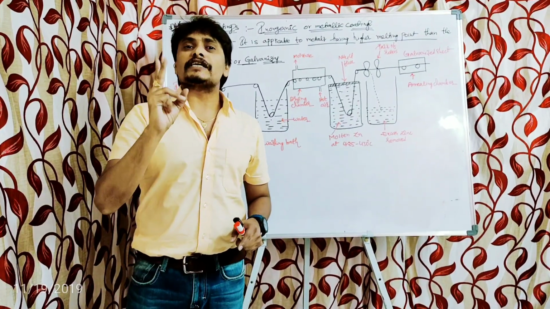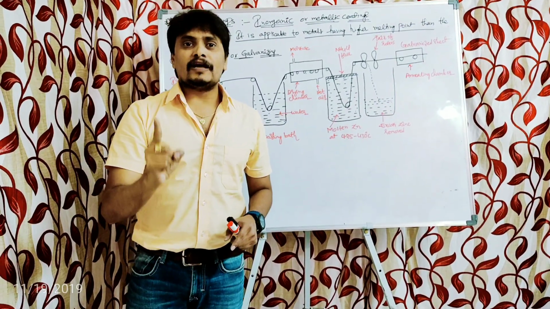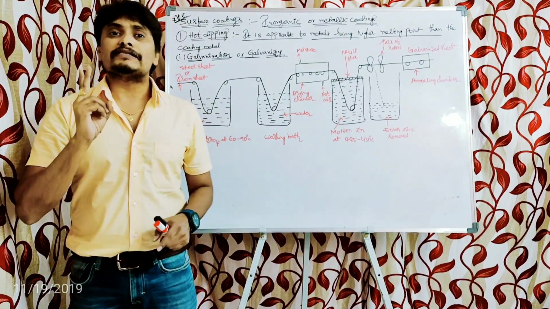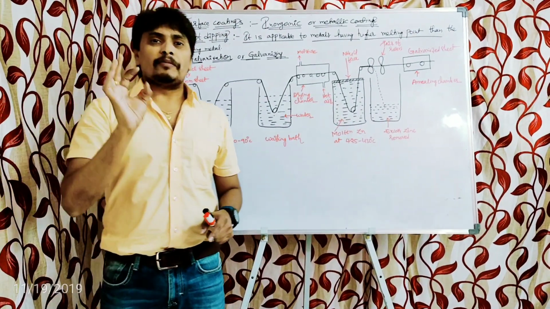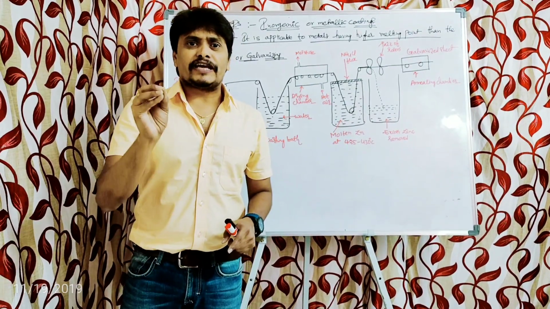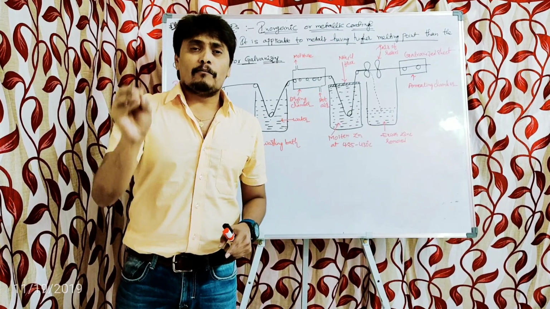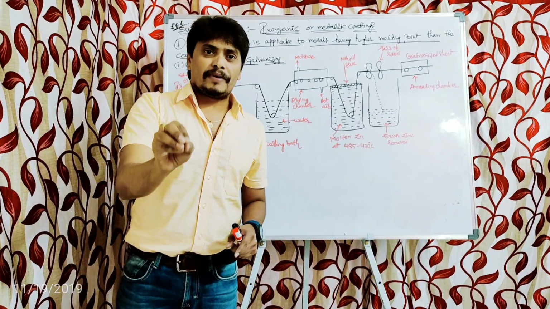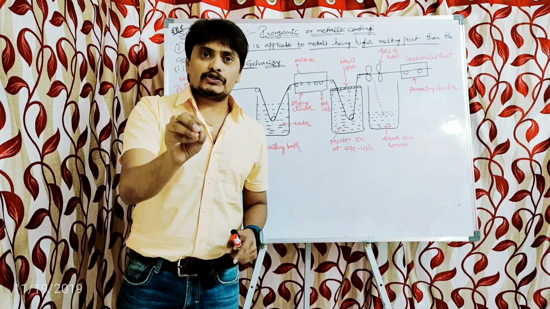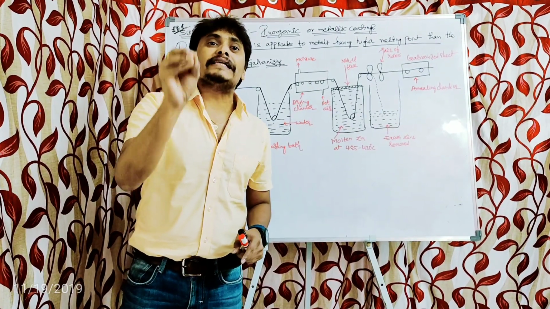I am not going to discuss electroplating and cementation because they are not a part of your syllabus. But do remember that these are the five methods by which we can coat metal on the surface of the base metal in order to avoid, prevent or control its corrosion.